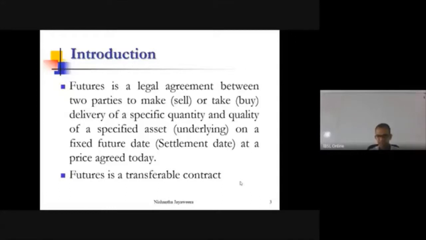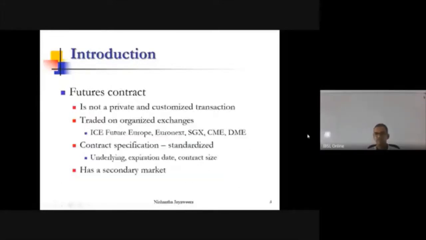It's not just an agreement between two parties. It is a very regulated market and works according to a set of rules and regulations. We'll discuss those things in a few minutes. So a futures contract, as it says, is not a private and customized transaction.